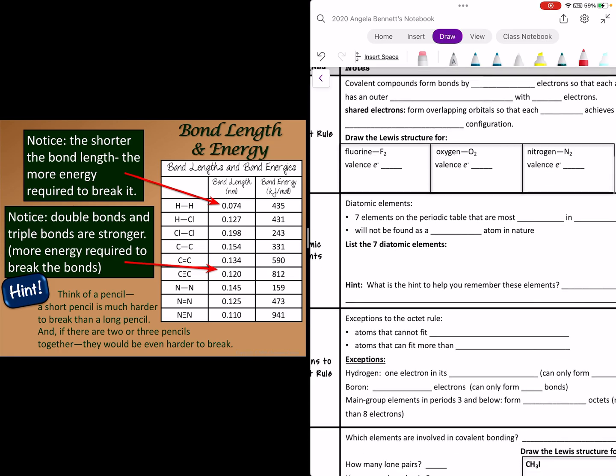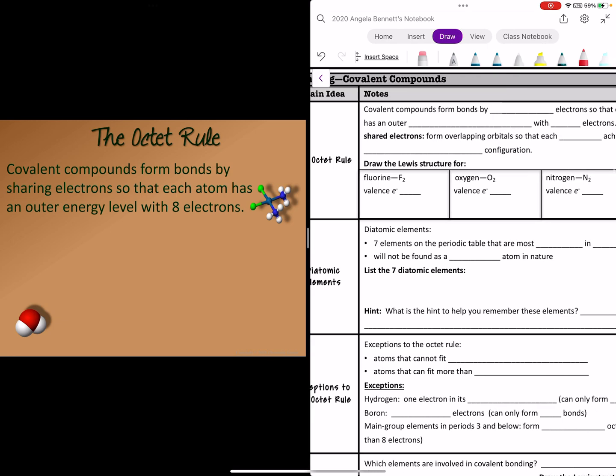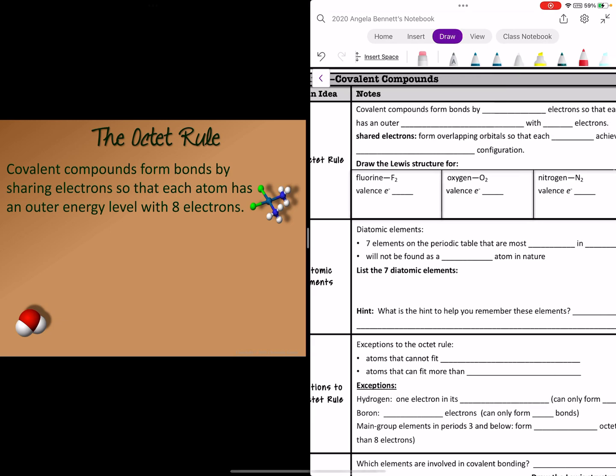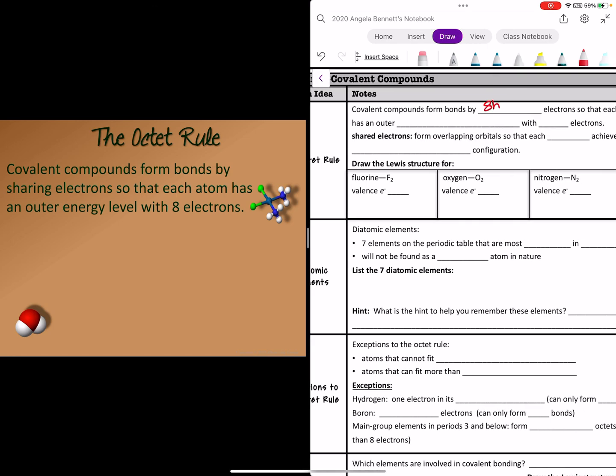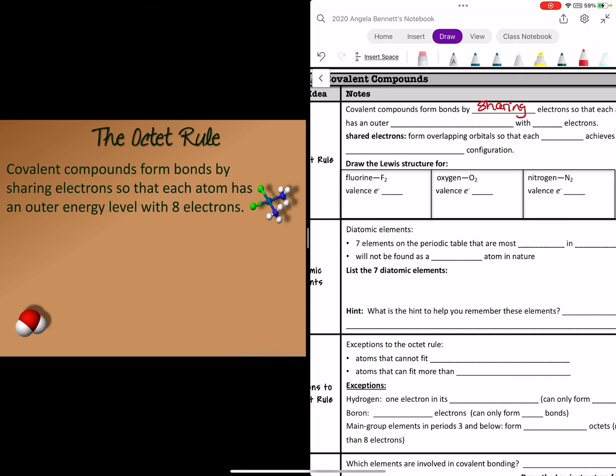Page number 2, the octet rule. All right, so we know this one. This is still review. Covalent compounds form bonds by sharing electrons so that each atom has an outer energy level with 8 electrons.